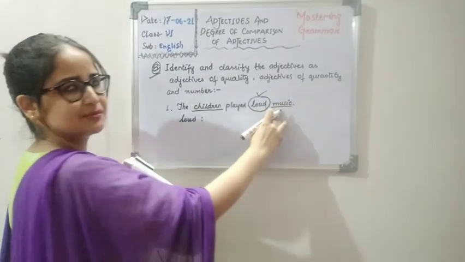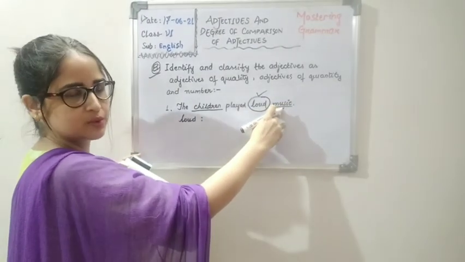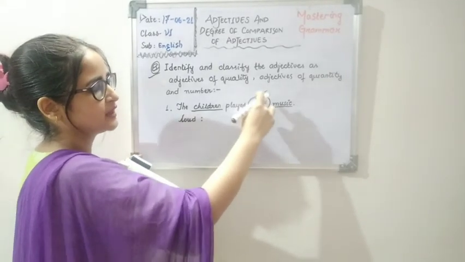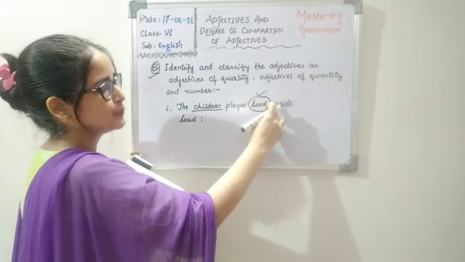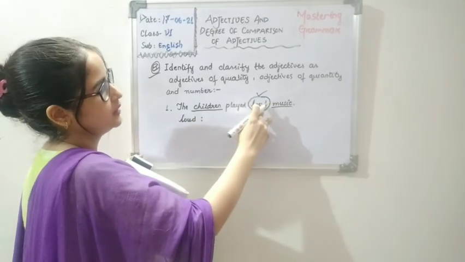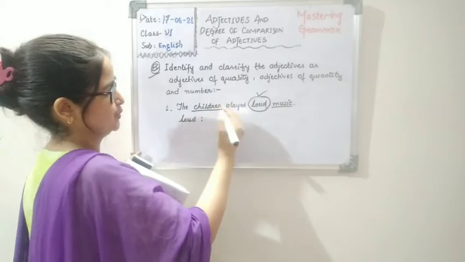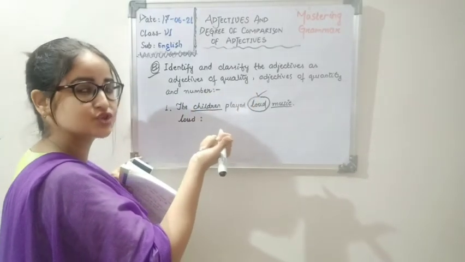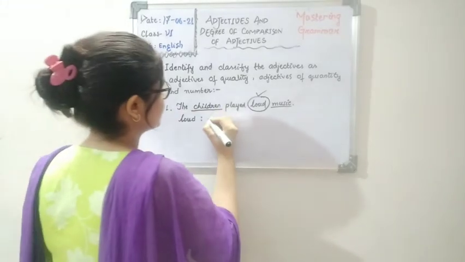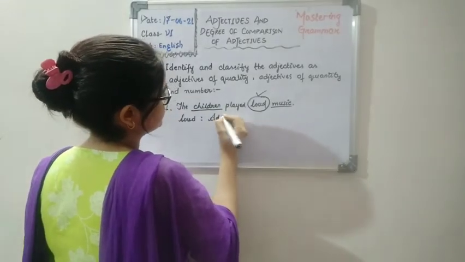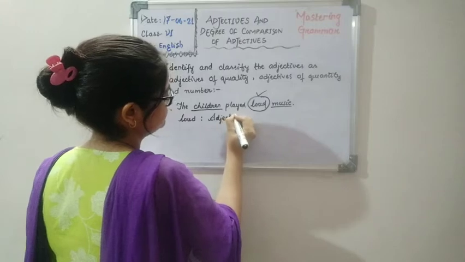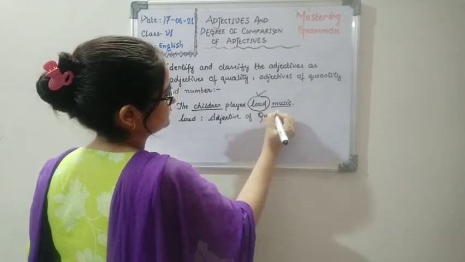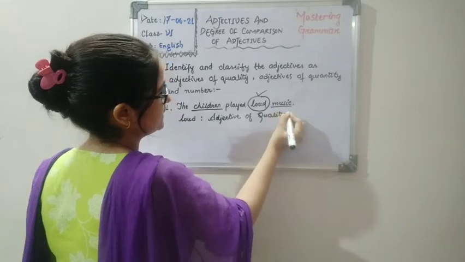Now how was the music? What kind of music was it? Loud. I told you this question is associated with which kind of adjective? Adjective of quality. Right? Adjective of quality. Now moving to the next one, number 2.